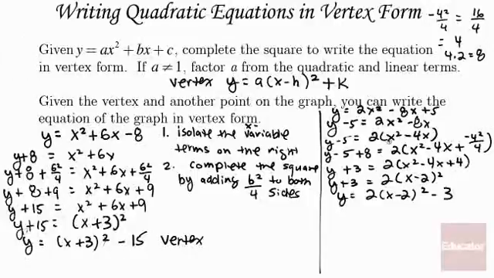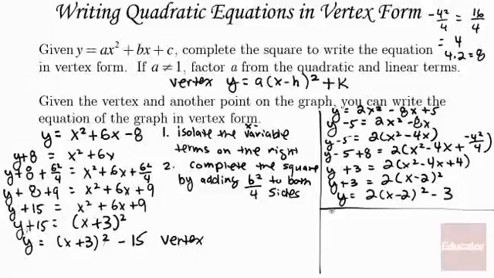Once I've done that, I can complete the square, but I have to be very careful on the left that I'm not just adding b squared over 4, but that I'm adding b squared over 4 times what I factored out to keep the equation balanced. And now you see I have vertex form, and here a equals 2, h equals 2, and k equals negative 3. Okay, finally, if you are given the vertex and another point on the graph, you can write the equation of the graph in vertex form.